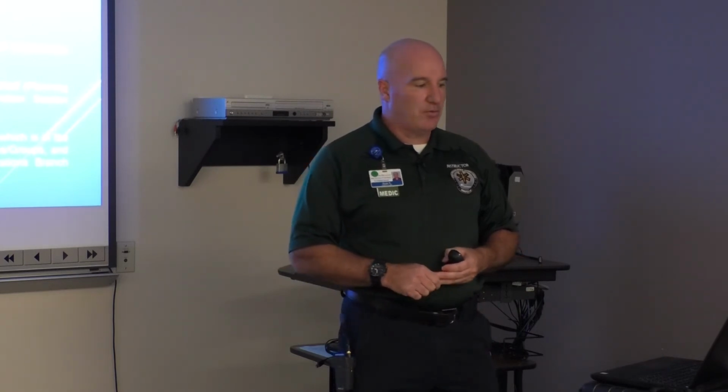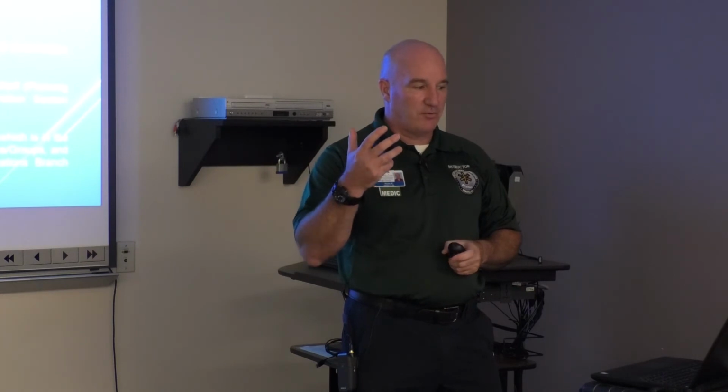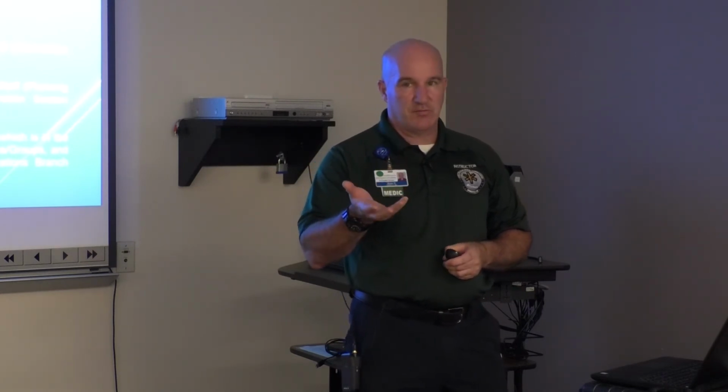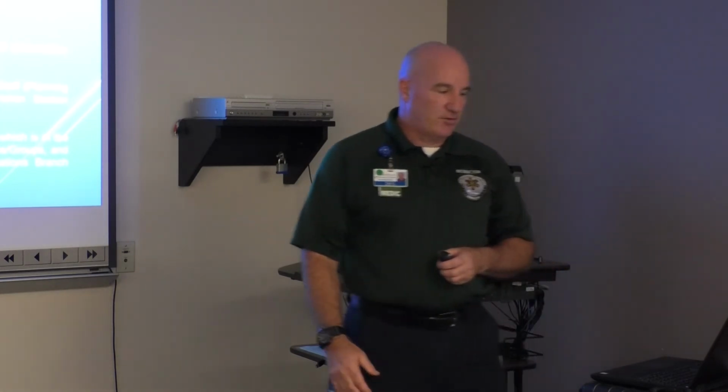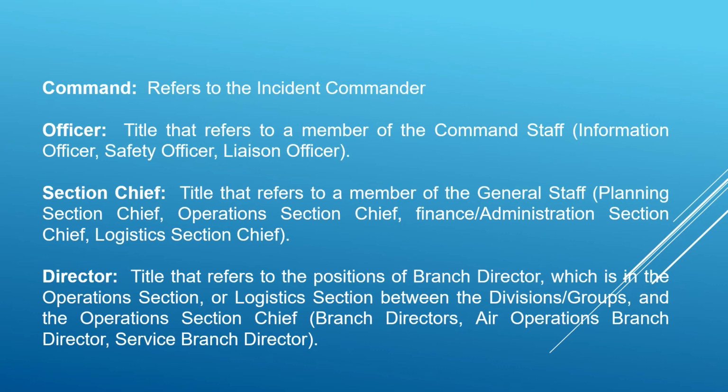Those are the people that fall under your general staff, and your command staff are the people in direct line assistance of your incident commander, and that's your information, safety, and liaison. Information is also often referred to as your public information officer, your PIO. A lot of people might be more familiar with that term.